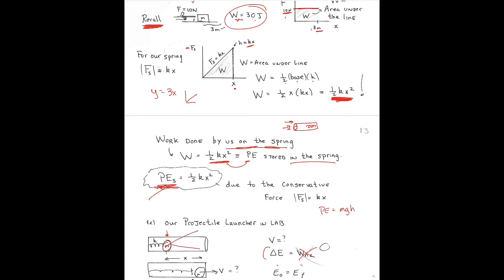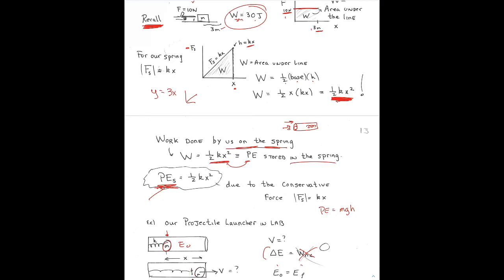And the ball's not going up or down, so I don't need to worry about gravitational potential energy. So the initial energy here is all potential energy stored in the spring. When it leaves right there, the final energy is all kinetic.